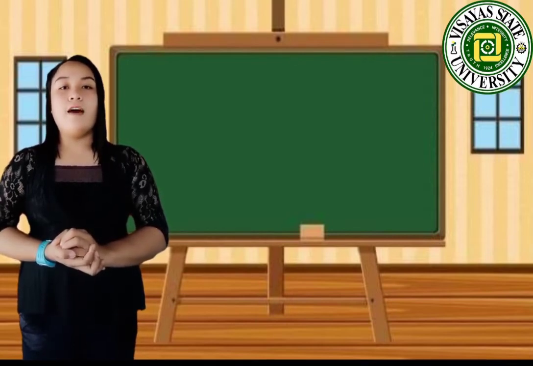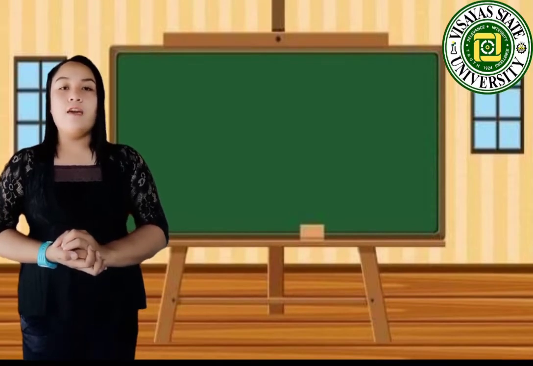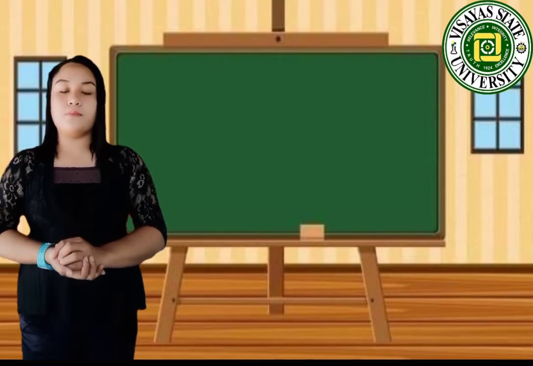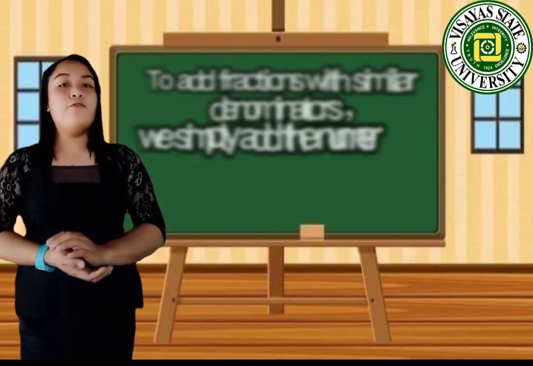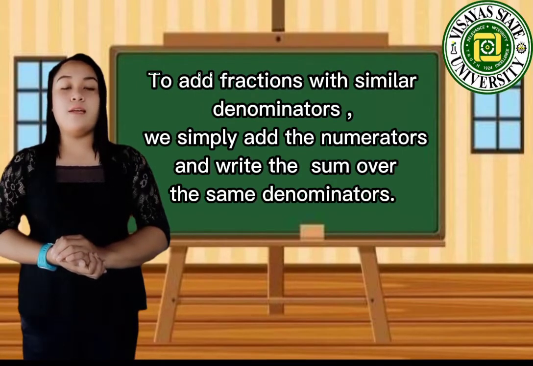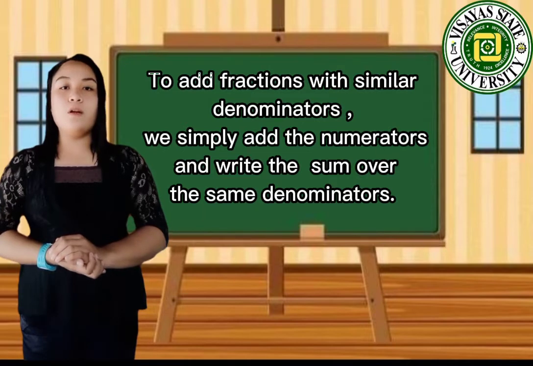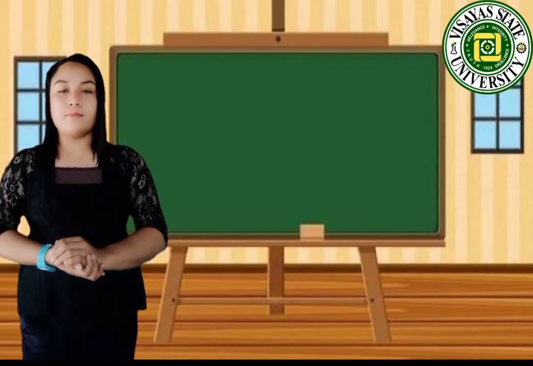Listen carefully because I am going to present and discuss each rule one after the other. To add fractions with similar denominators, we simply add the numerators and write the sum over the same denominator.